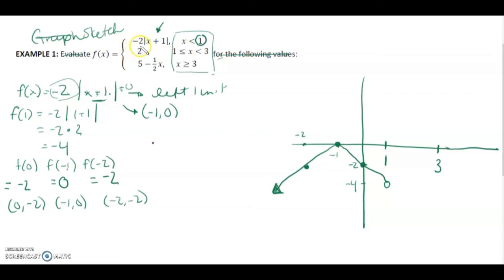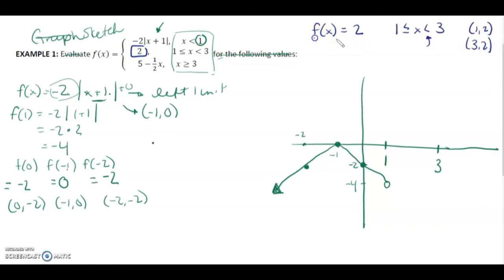Okay, now let's do the next part in blue. We have f of x equals 2, and the domain includes 1 all the way to 3, but not including 3. So we have the coordinates (1, 2) and (3, 2).